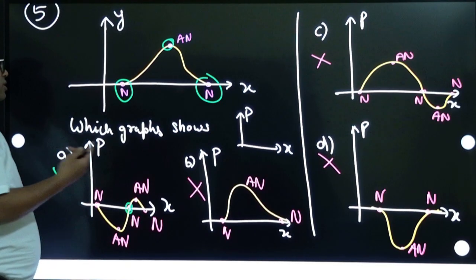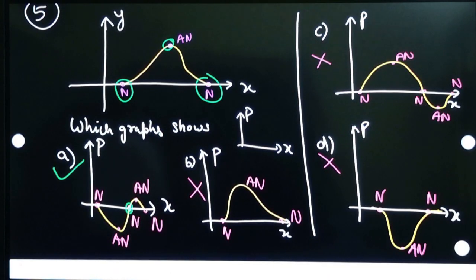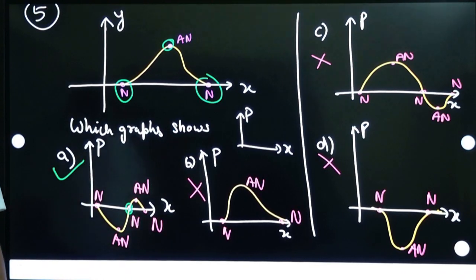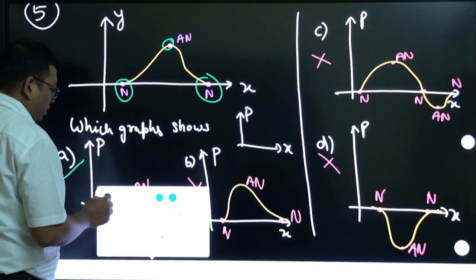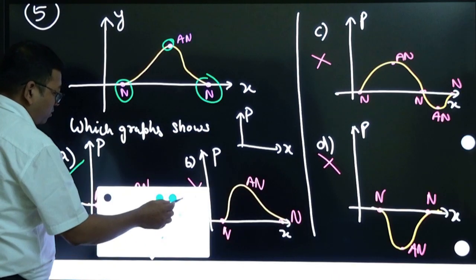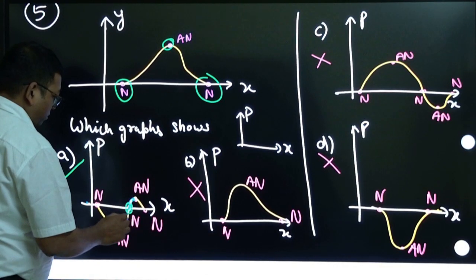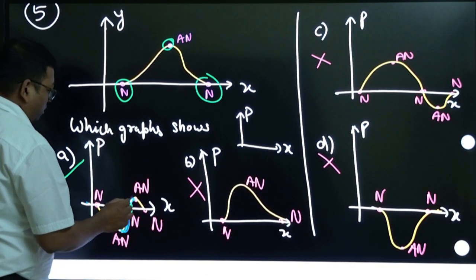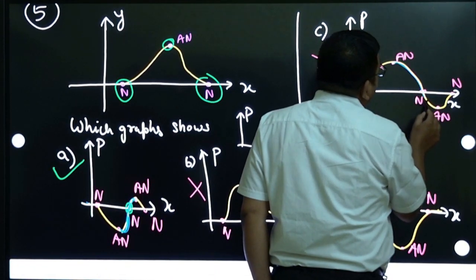Can both options A and C be possible? Or do we need to think more? Because see, let us focus on this portion of the graph, and here also this portion of the graph.